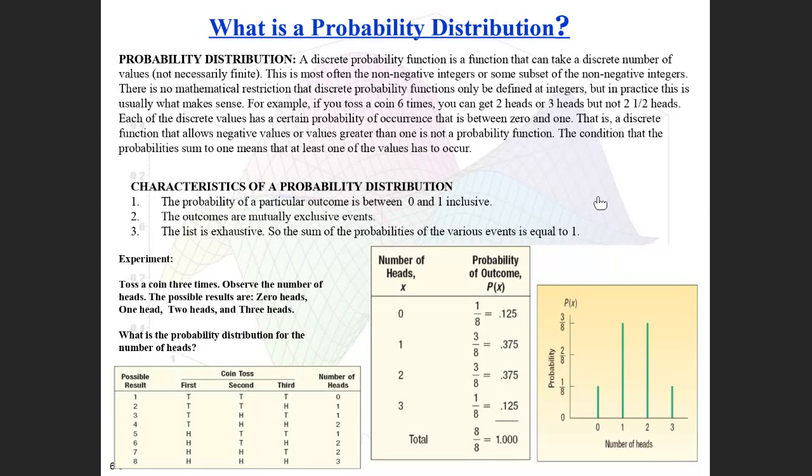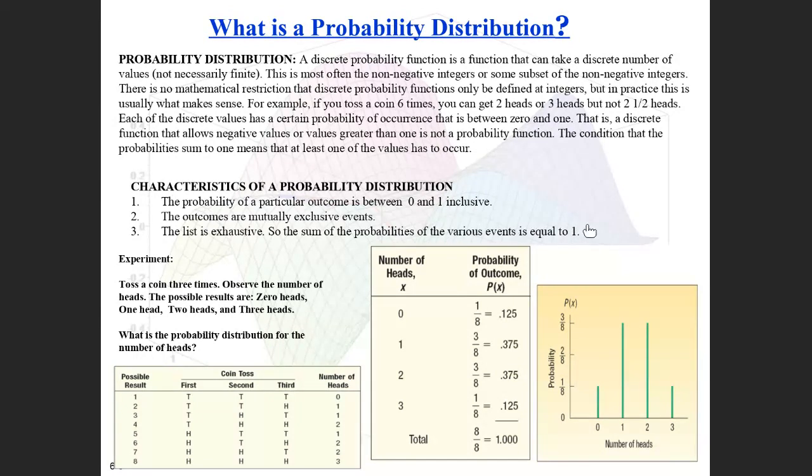So a discrete function that allows negative values or values greater than 1 is not a probability function. First important point, it is not a probability function if it allows negative values or values greater than 1. The condition that the probabilities sum to 1 means that at least one of the values has to occur. It can be 100% and the other one 0%.